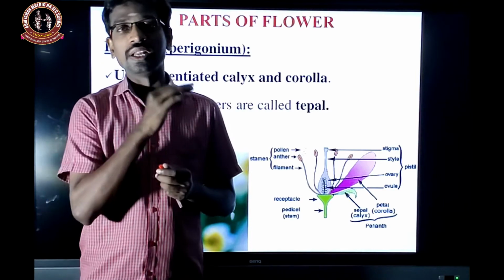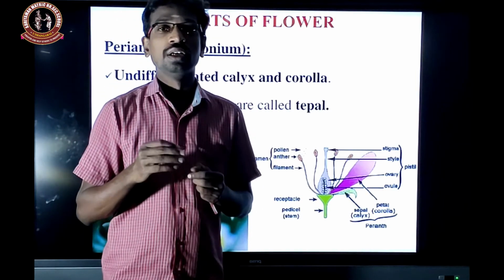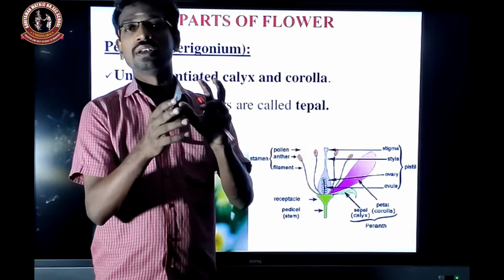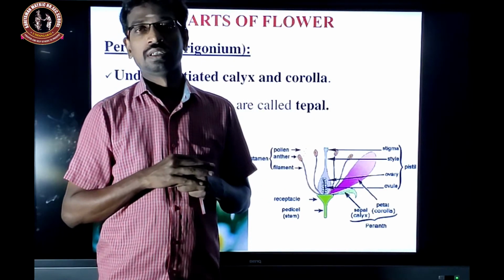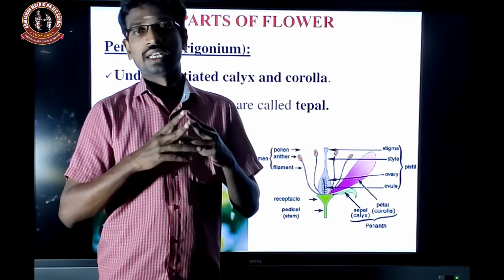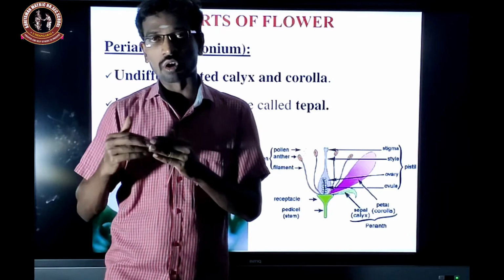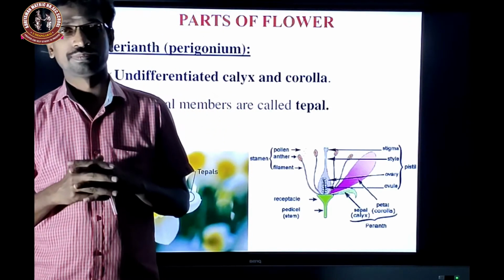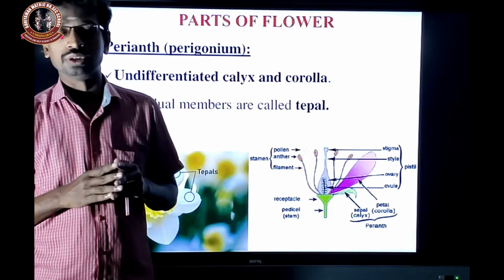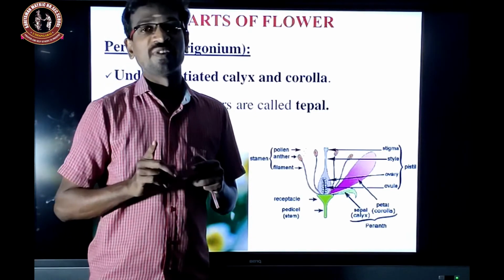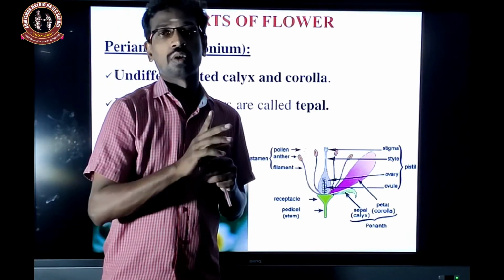Sometimes the perianth term we can use for the presence of both the calyx and the corolla. The whorls of the flower, especially the non-essential part of the flower, are collectively called perianth. In two ways they are used.